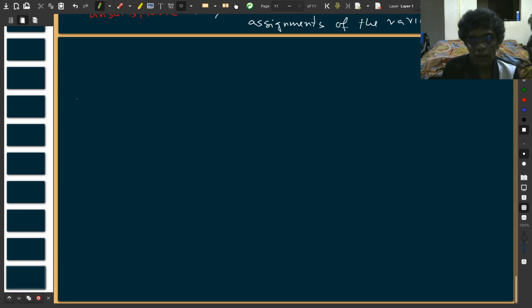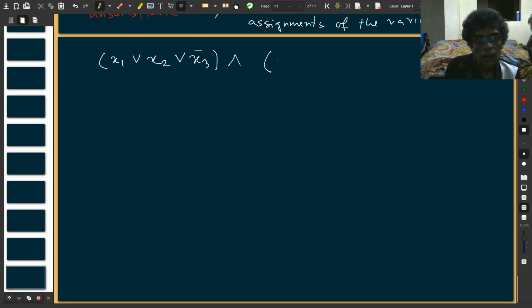Okay, maybe I will give you an example. Consider this formula. X1 or X2 or X3 bar, and X1 or X4, let's say. Is this satisfiable?